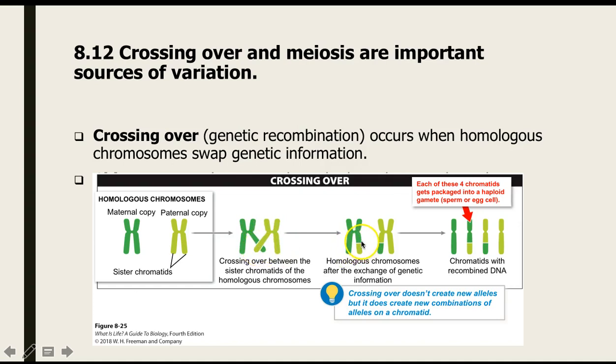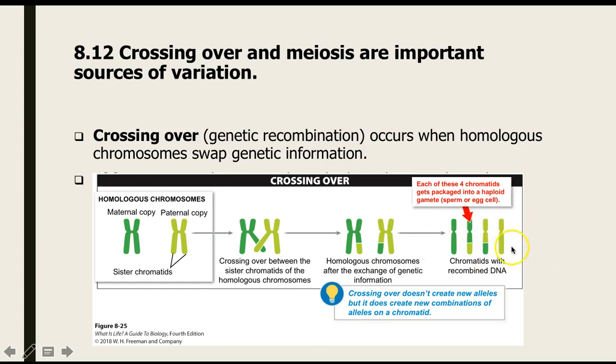And so you end up having this chromosome right here not having sister chromatids that look exactly the same. This one looks like the original maternal chromosome, but this one looks like mostly maternal with a bit of paternal. Same thing over here. This is all the original paternal, and this one here is mostly paternal with a little bit of maternal.